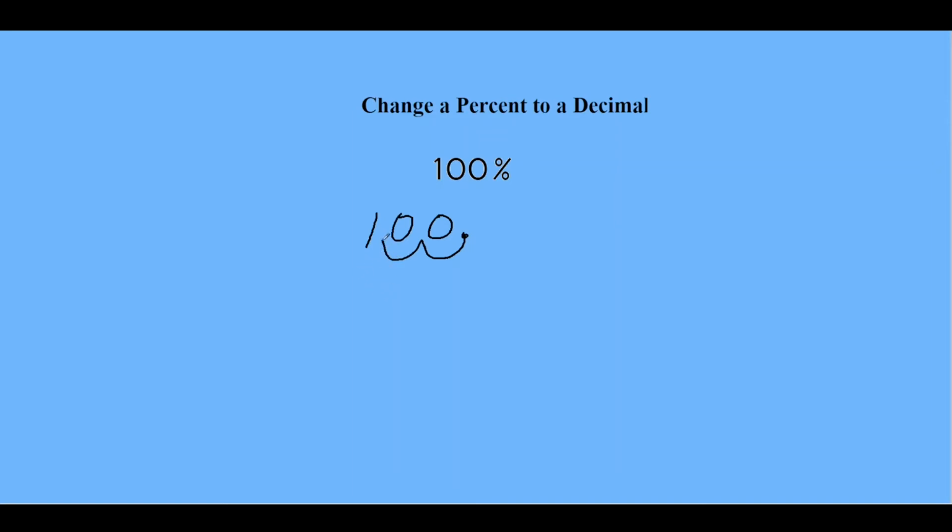Put my decimal point right here. And I'll rewrite the problem: 1.00. That looks familiar. It kind of looks like a dollar. 1.00. There we go, $1.